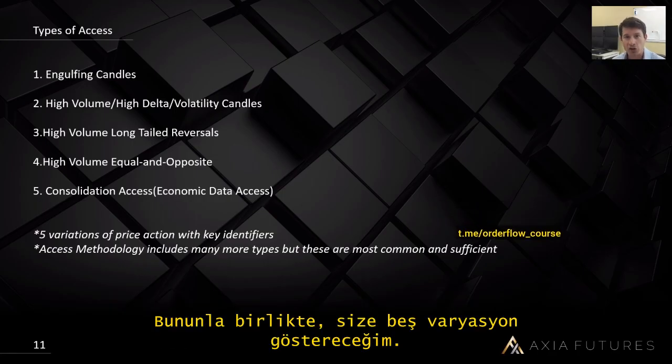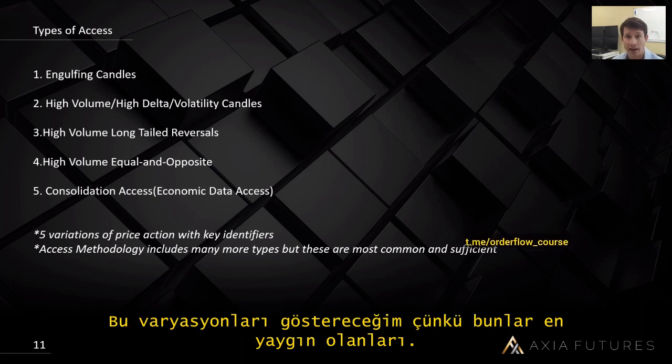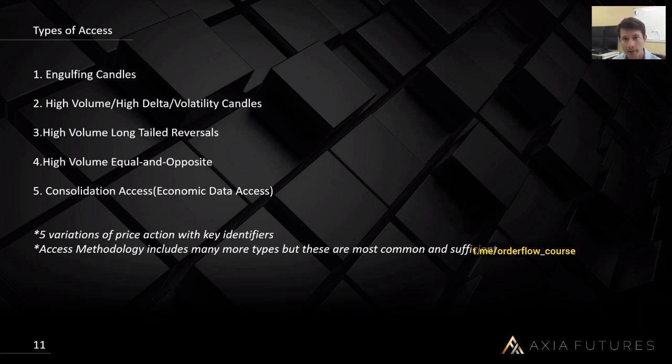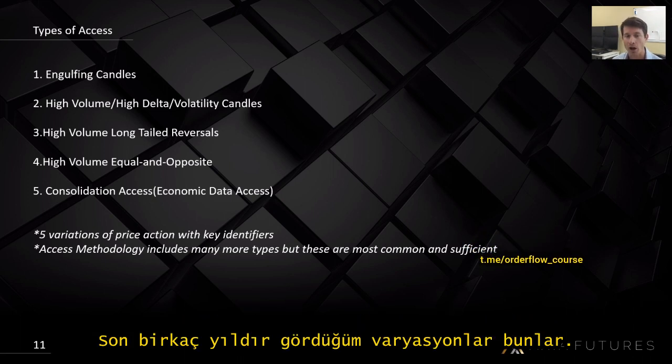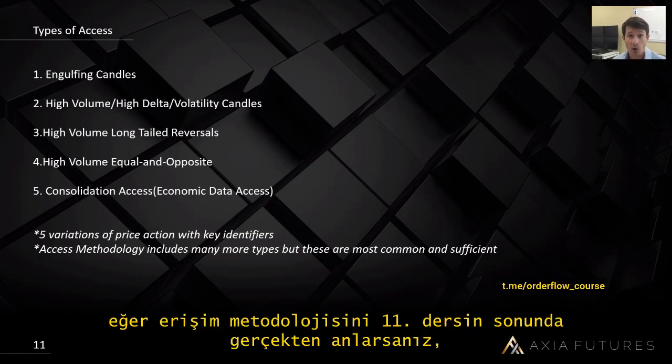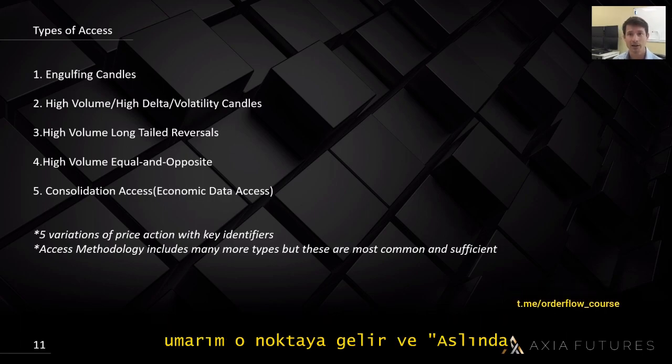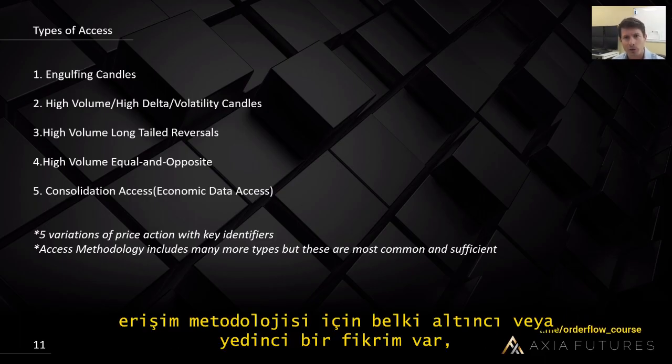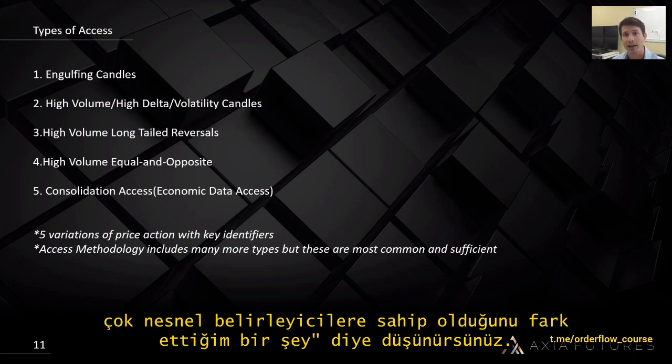However, I'm going to show you 5 variations. I'm going to show you these variations because they are the most common. They're the ones that I've seen over the last couple of years. Now, it's not to say there aren't other access types. There are, and if you really understand the access methodology by the end of lesson 11, hopefully you get to that point where you're thinking, actually, I have maybe a 6th or a 7th idea for access methodology, something that I too recognize that's got very objective identifiers.